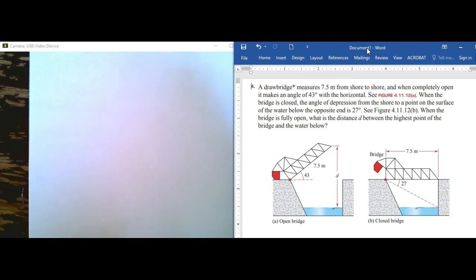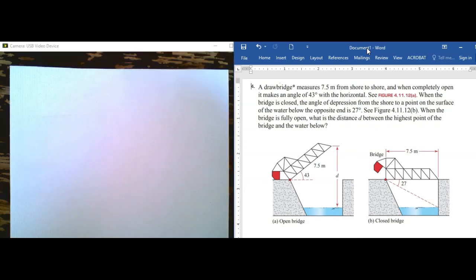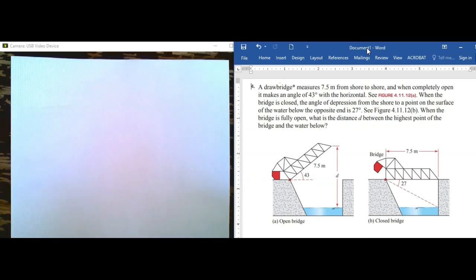All right, so it says a drawbridge measures 7.5 meters from shore to shore. And when completely open, it makes an angle of 43 degrees with the horizontal. When the bridge is closed, the angle of depression from the shore to a point on the surface of the water below the opposite end is 27 degrees.